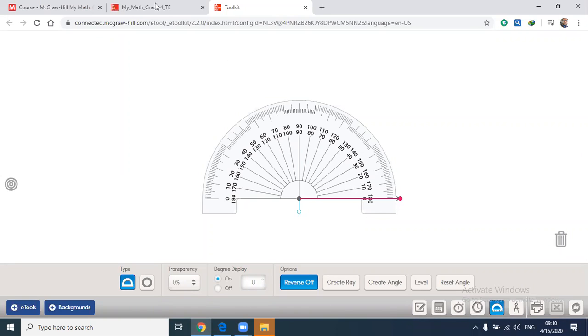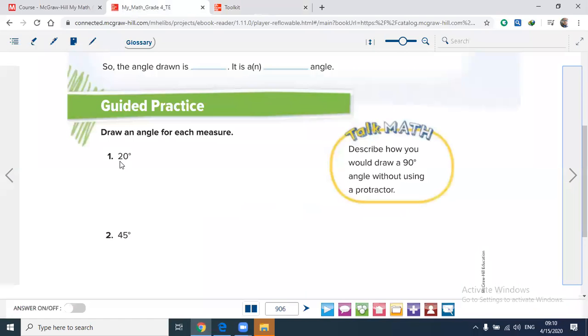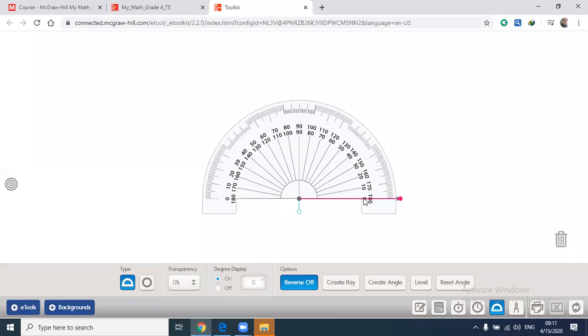The angle to be measured is 20 degrees. So I will count from 0 to 10, 20.